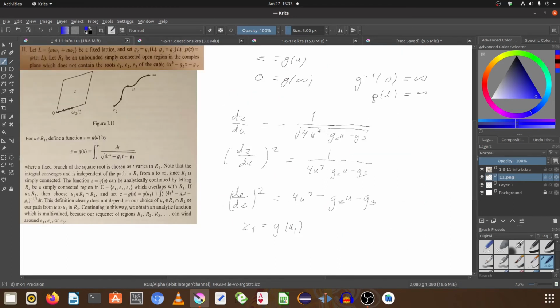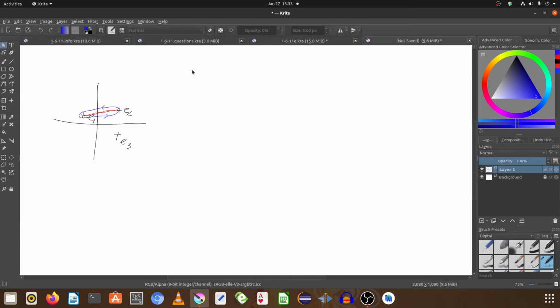There's only one that comes to mind here, and that's we already have the Weierstrass P function derived squared equals, and that means that the derivative of the Weierstrass P function is some square root.